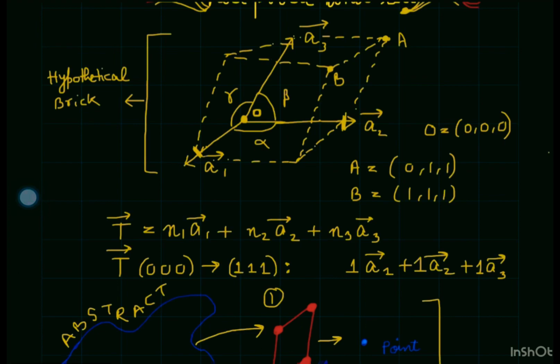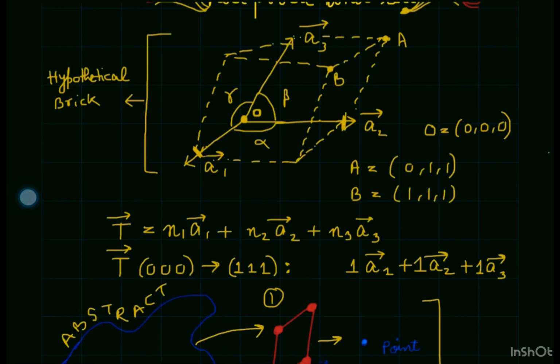In the basis space of a1, a2 and a3, we can identify 3 points: O given by 0, 0, 0, A by 0, 1, 1 and B by 1, 1, 1. We can identify all the corners of the block by taking linear combination of the three basis vectors. The linear combination is given by a vector called T, the translation vector, given by n1a1 + n2a2 + n3a3, where n1, n2 and n3 are integers that can range from 0 to infinity.